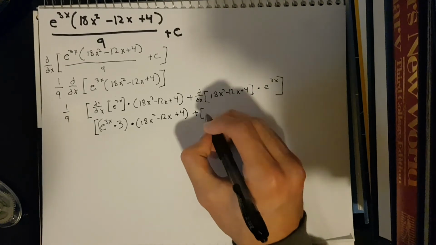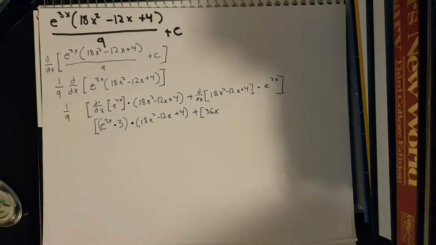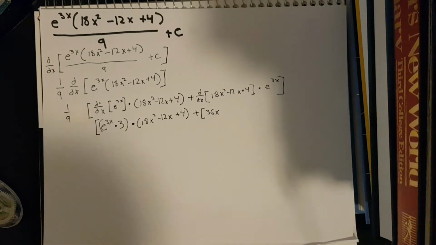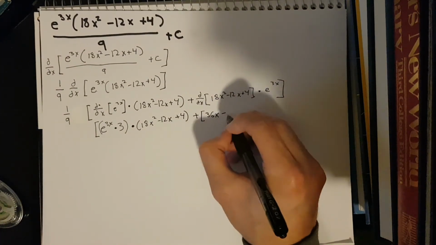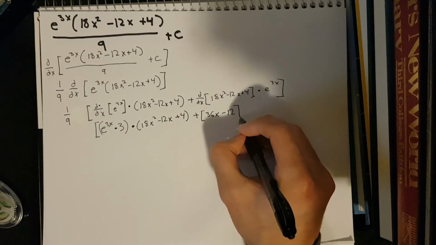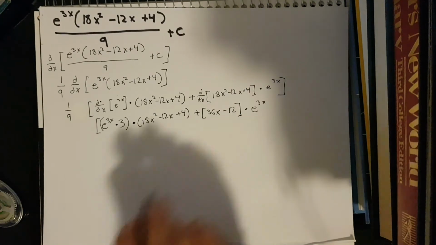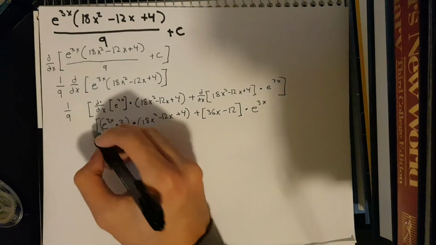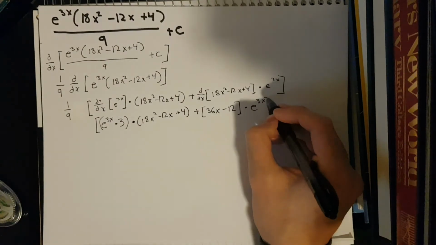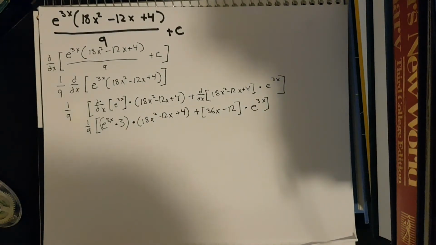And that would just be 36x because of the power rule. And that would be 12. This would be 0. So we got this times e to the 3x. So now we have this, and then everything times 1/9.